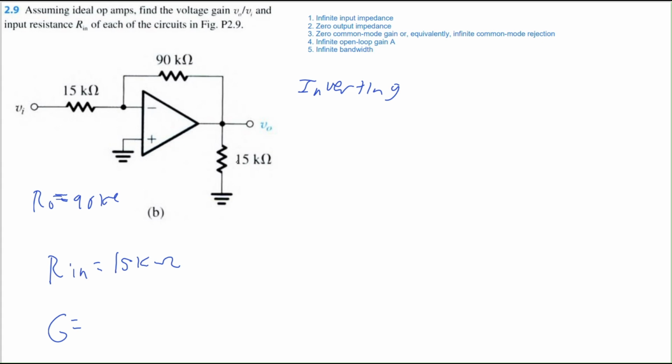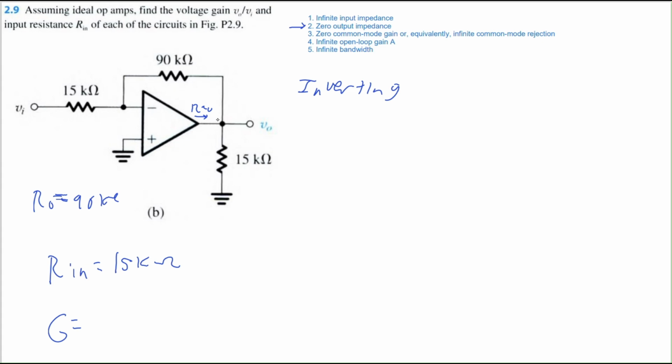But what about this 15 kilo ohms at the output? Is this doing anything? Look at rule number 2 for ideal op amps. They have 0 output impedance. That means that this resistance here is equal to 0.